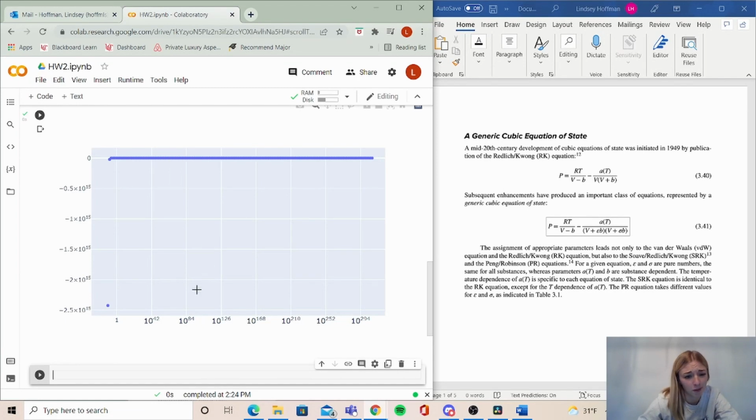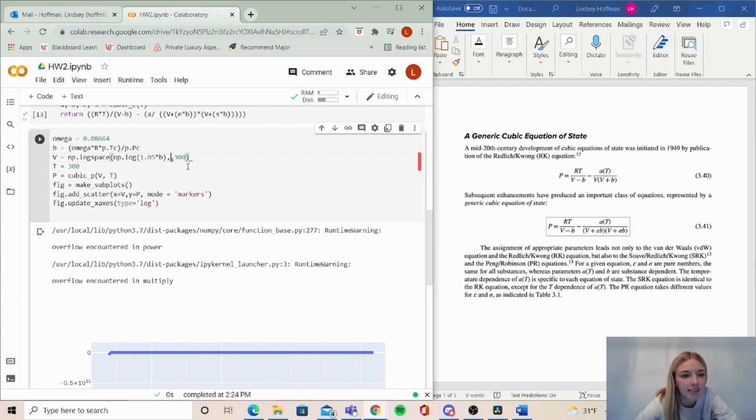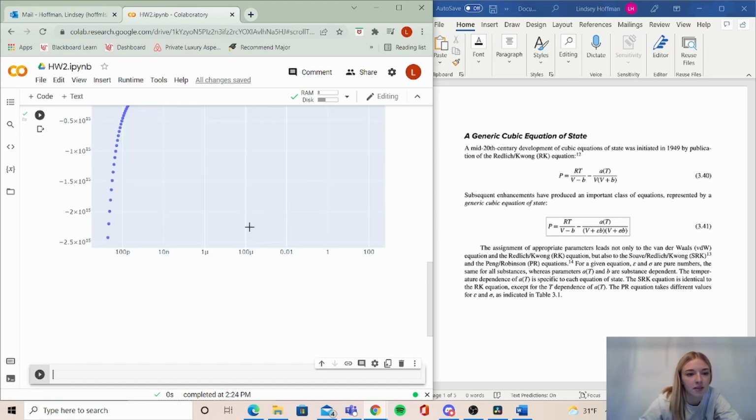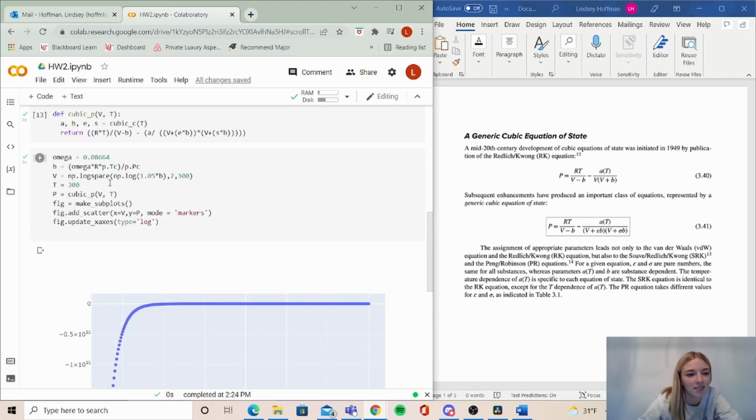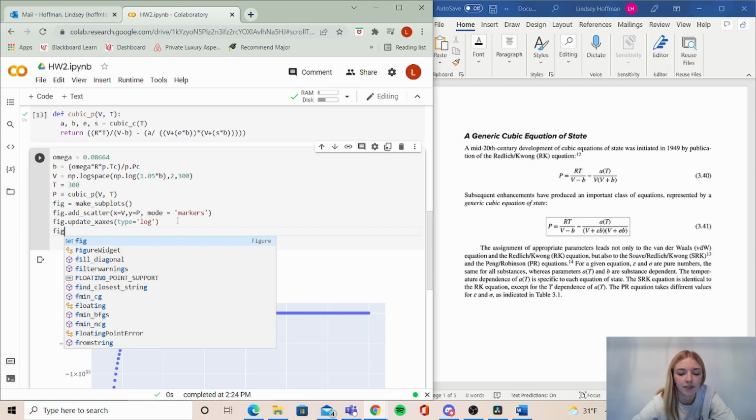And I did something wrong here. Hold on. Oh, we need to change this scale. This needs to come down a lot to, let's say, 2. Let's see if that's better. Why is it upside down? What if we go ahead and update and change the range?